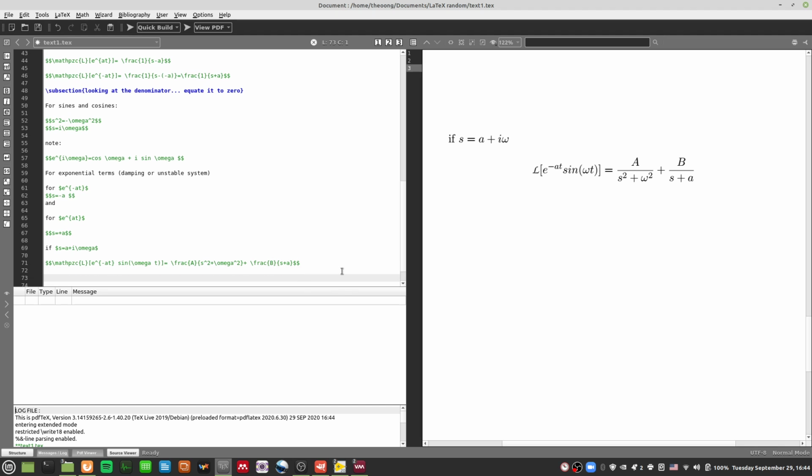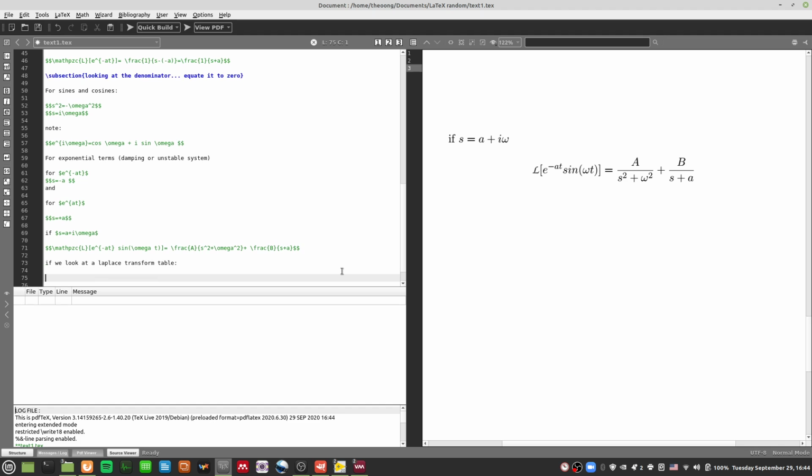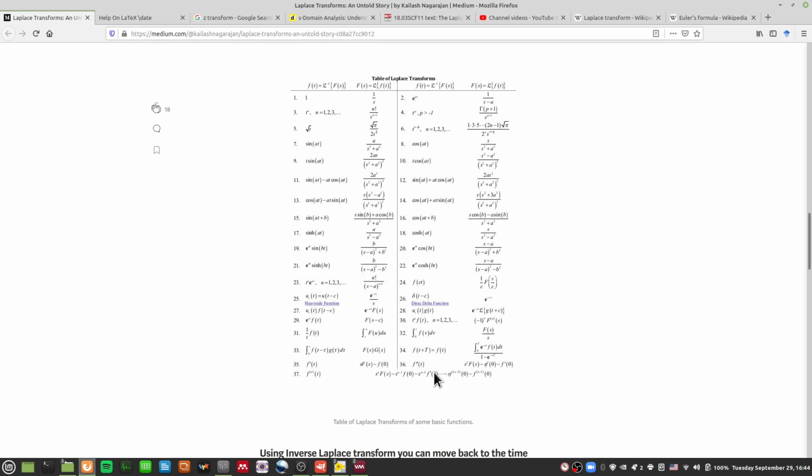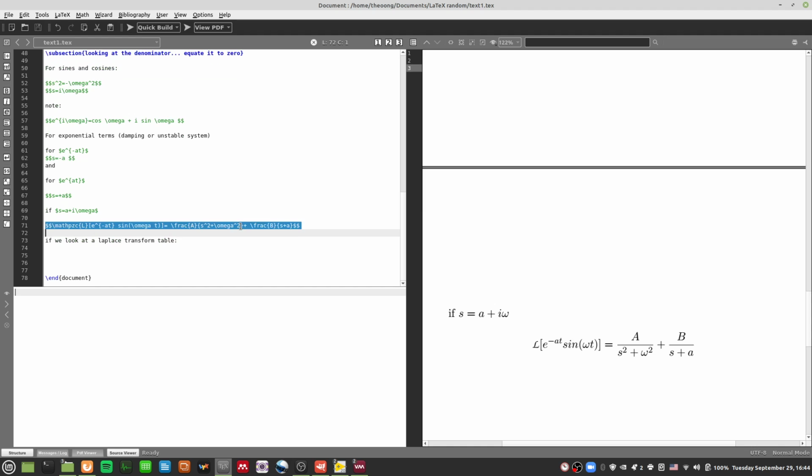If we look at a Laplace transform table, you can see something very interesting here. If we look at e to the power of, for example, at sine bt, you will see that it will look like this. Let me type it out for you.